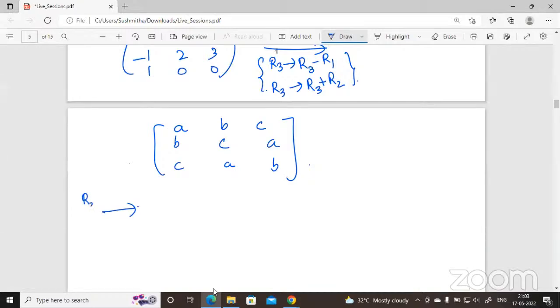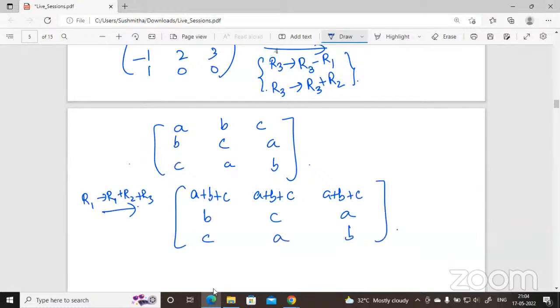So maybe you can do R2 is R2 minus... We can also do R1 is R1 plus R2 plus R3. So that's going to be A plus B plus C, A plus B plus C, A plus B plus C, and then we can take A plus B plus C common.